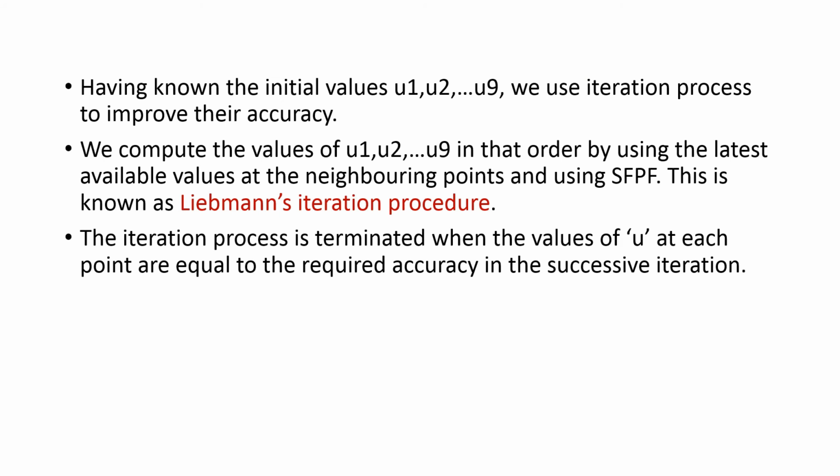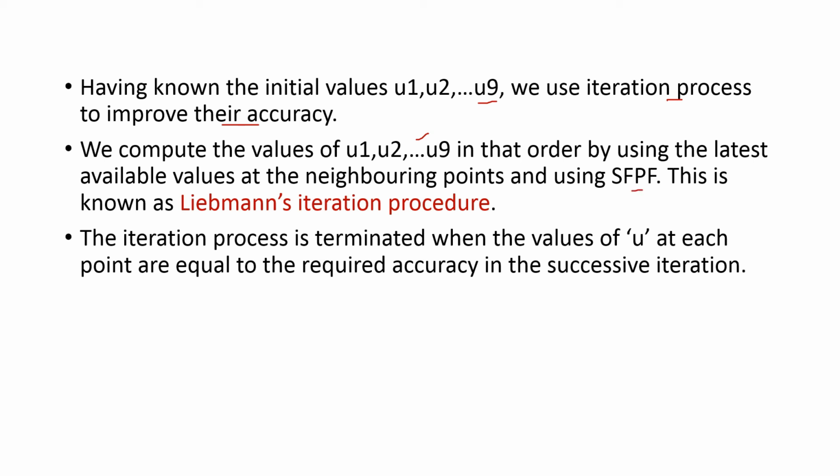Having known the initial values of U1 up to U9, we use an iteration process to improve their accuracy. We compute the values of U1, U2 up to U9 in that order, using the latest available values at the neighboring points and using SFPF.